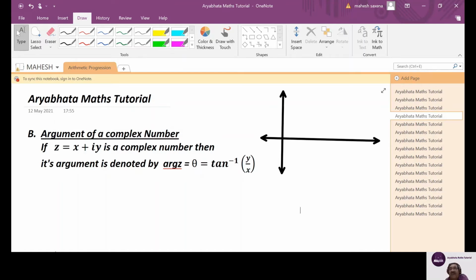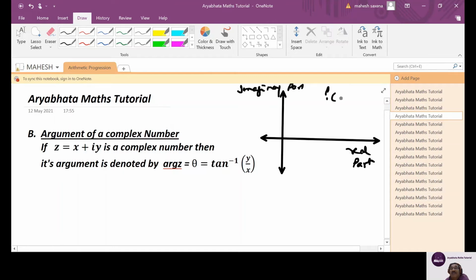Suppose on the x-axis we draw the real part, and on the y-axis the imaginary part, and x plus iy is a point P, with coordinates (x, y). Suppose we draw OP; the angle of OP with the x-axis is known as the argument of z.